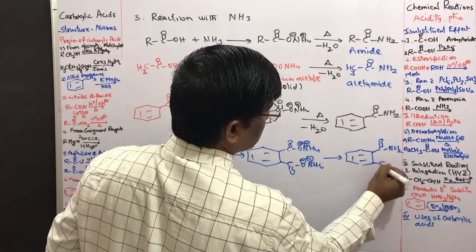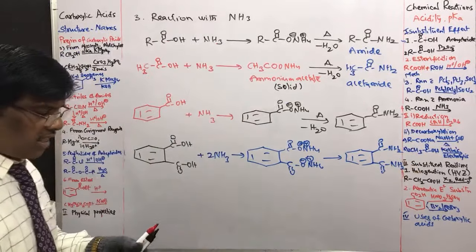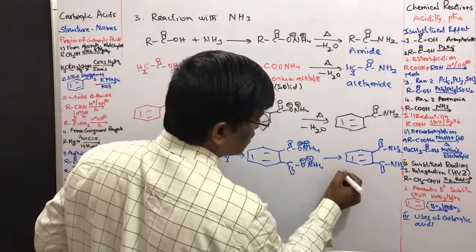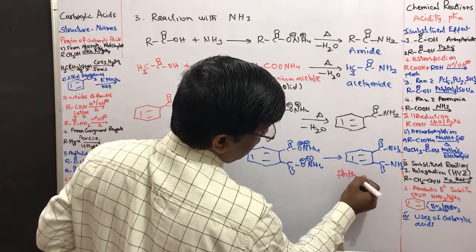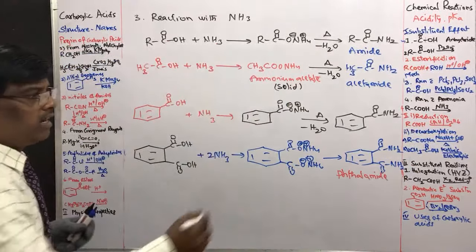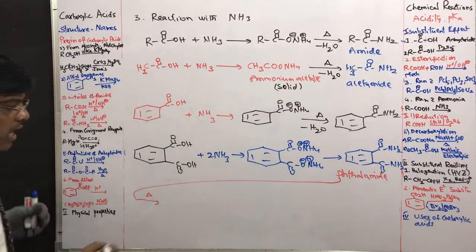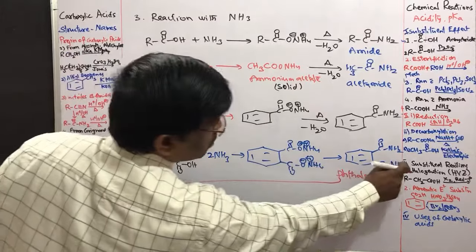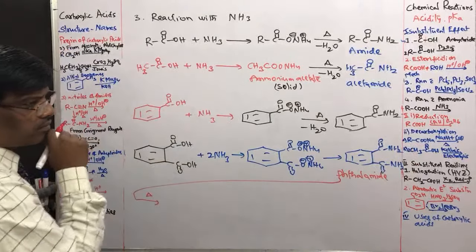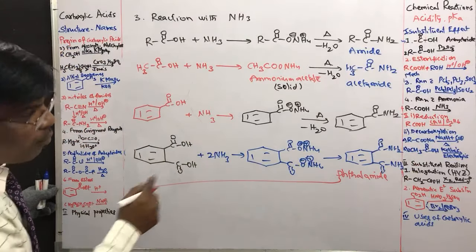So from this phthalic amide, we get phthalimide. Spelling is important, students. Phthalimide. This upon vigorous heating in presence of base is going to lose 1 mole of ammonia.